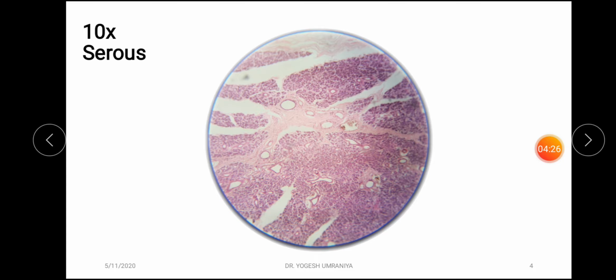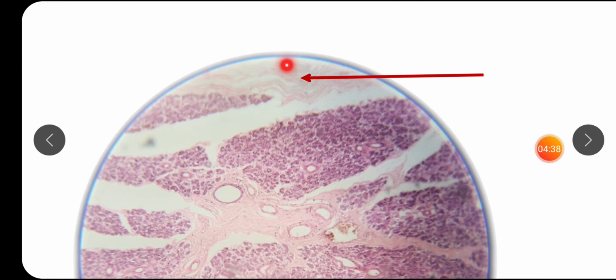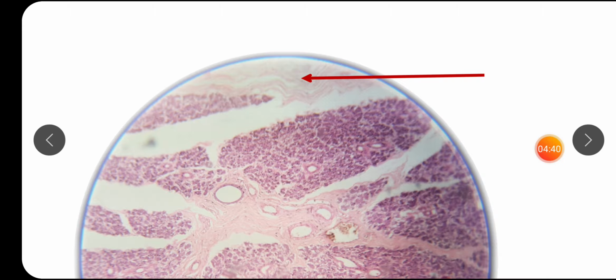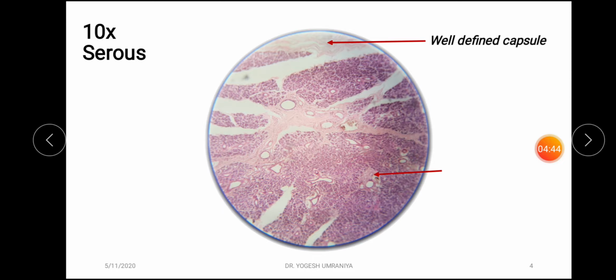This is the image under the 10x again of the serous gland. First structure that you can see on the top is the capsule. Well defined capsule is there. Next one, connective tissue septa, dividing this gland into the various lobes.